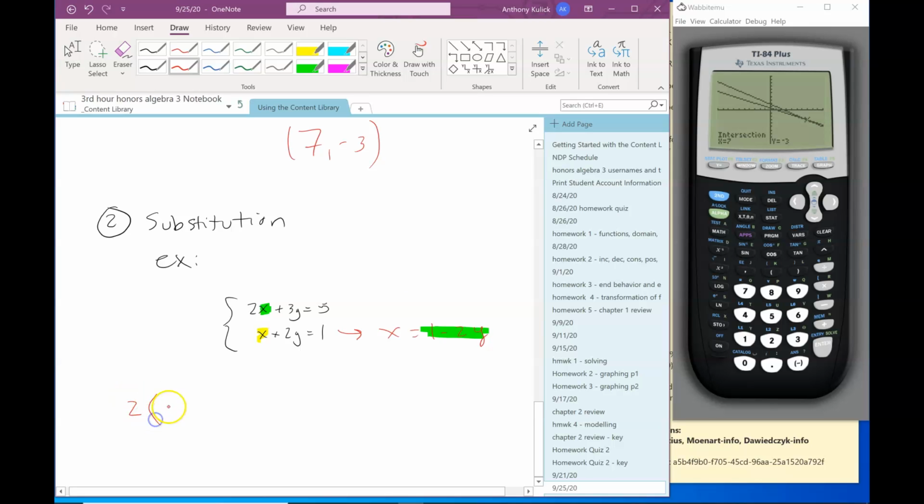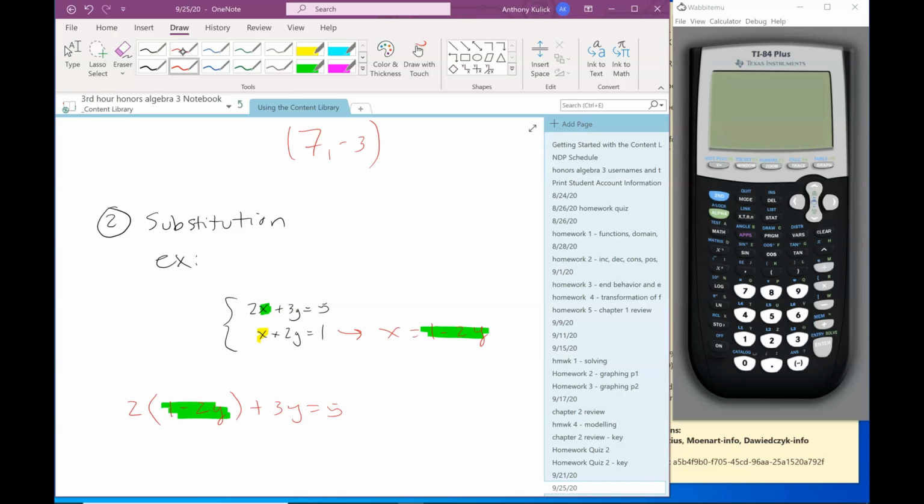So I have 2, and then 1 minus 2y plus 3y is equal to 5. Does everybody see what we did there?